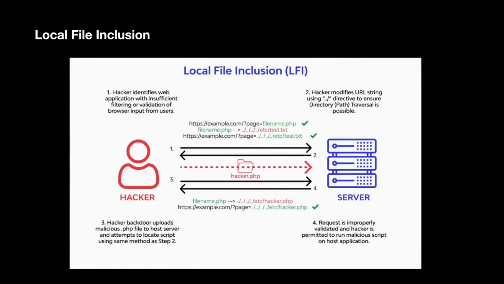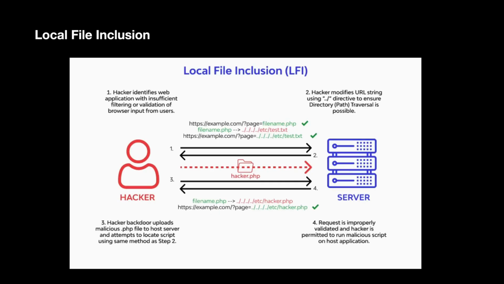Let's go to local file inclusion. Local file inclusion is a bit similar to file path traversal. The hacker identifies a web application with insufficient filtering or validation of browser input from users, and modifies the URL string using the ../ directive to ensure directory path traversal is possible.